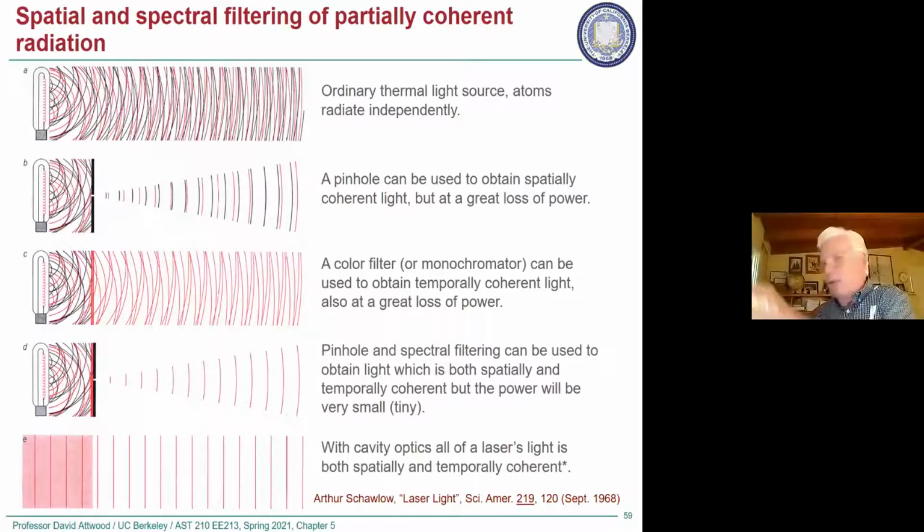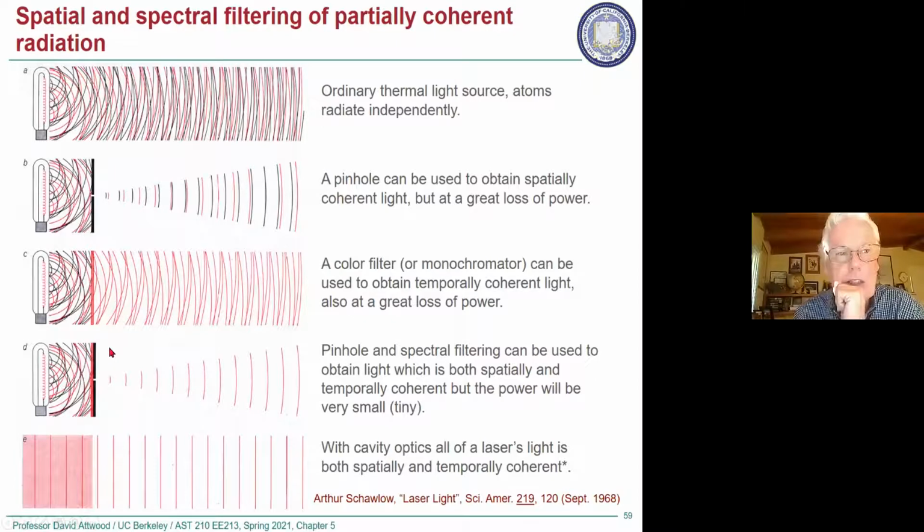Okay, so spatially coherent radiation. We talked about this when we were looking at spatial coherence. We had our undulator, and we did spatial filtering and monochromator filtering to get spatially and temporally coherent radiation, and we paid a big price.